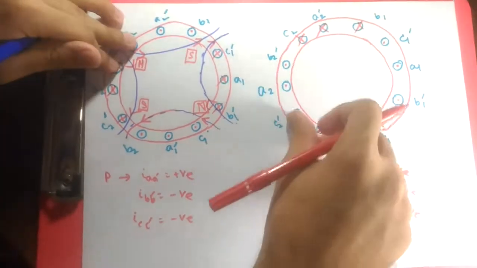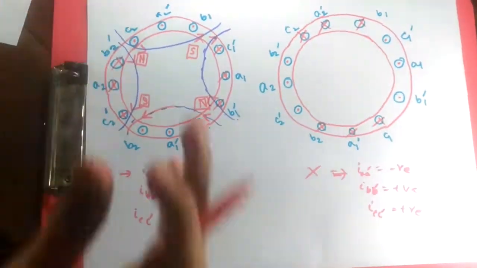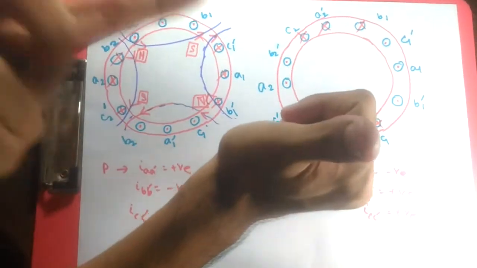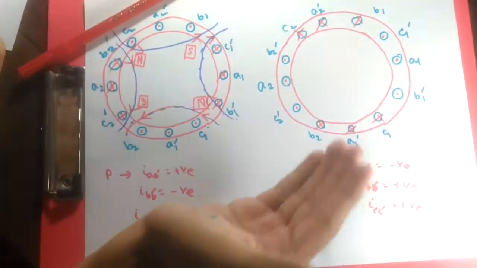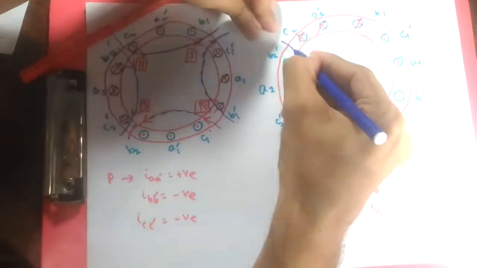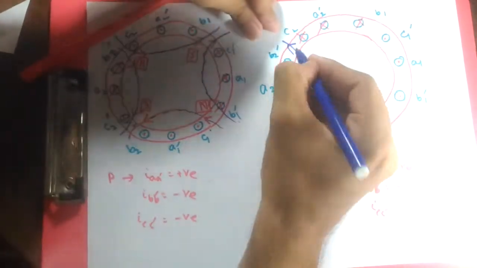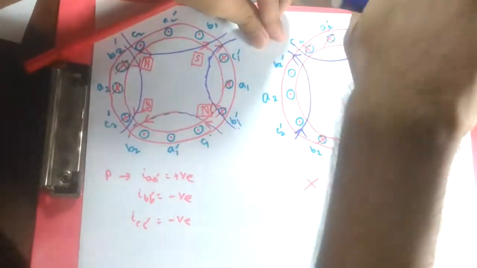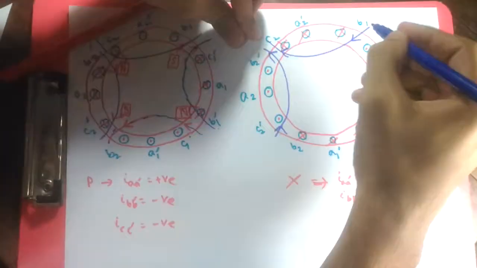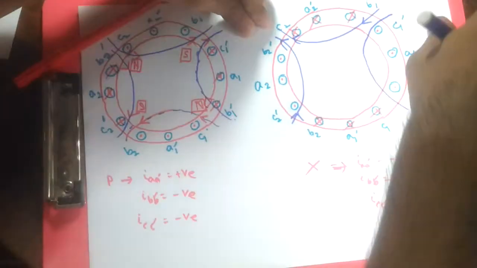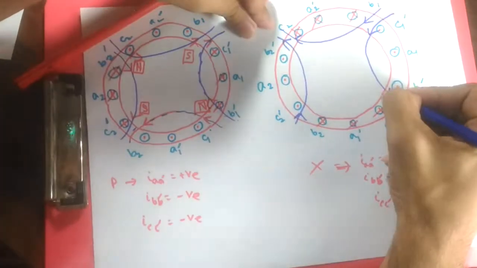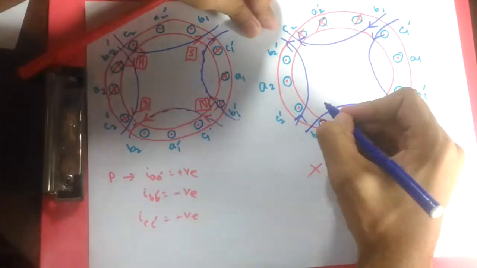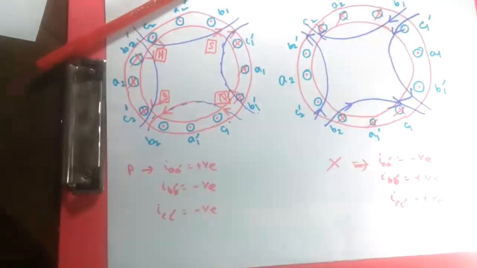So what will be the direction of the magnetic field for these three windings? You just put your thumb in the direction of current flowing, and you see the magnetic field will be in this way. For this it will be like this, and for these windings it will be like this, and for these three windings it will be like this.